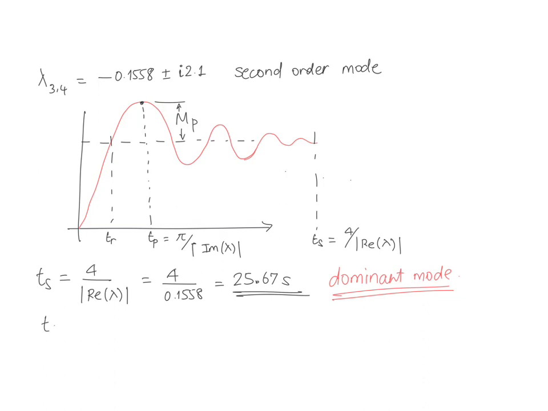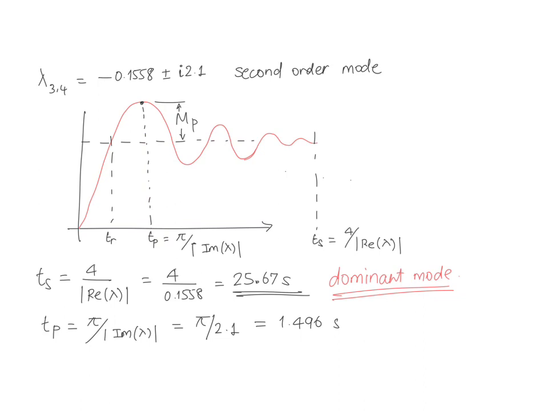Let's calculate the peak time. That's also easy. Pi divided by the absolute value of the imaginary part, and that's pi divided by 2.1, which works out to around 1.496 seconds. So that means this value is 1.496 seconds.